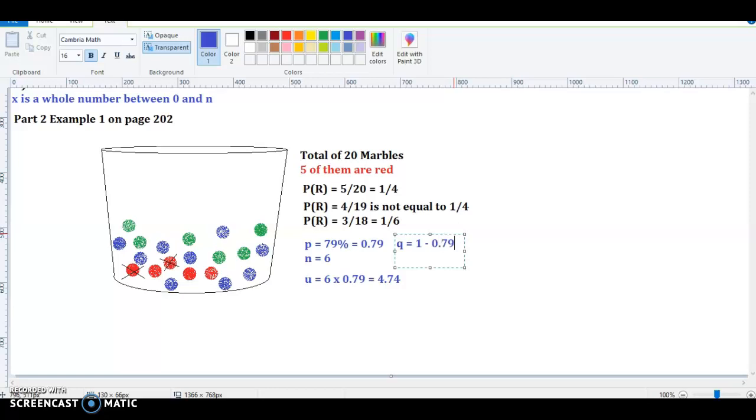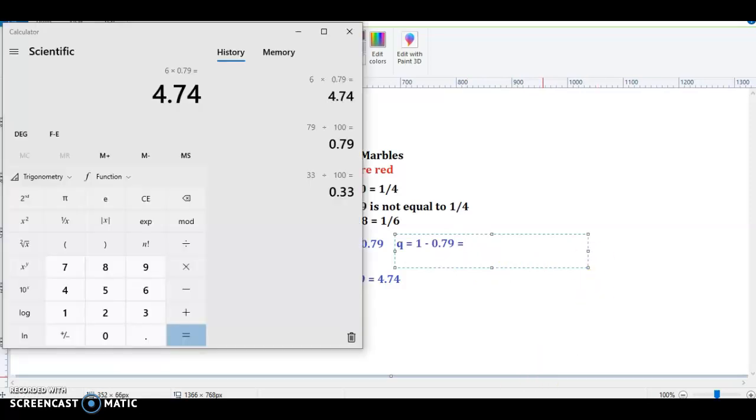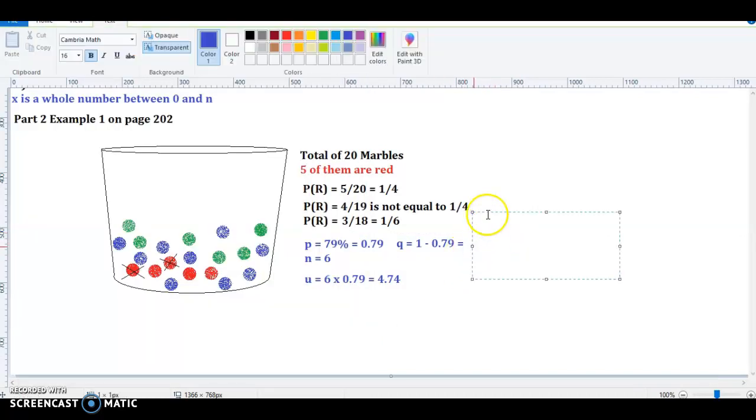Remember, p and q are always expressed as a decimal. So 1 minus 0.79 is 0.21. That's the probability that we get an adult who thinks that political correctness is not a problem, and you can convert that into a percentage, so about 21% of adults think that political correctness is not a problem. So q is 0.21 in any case.